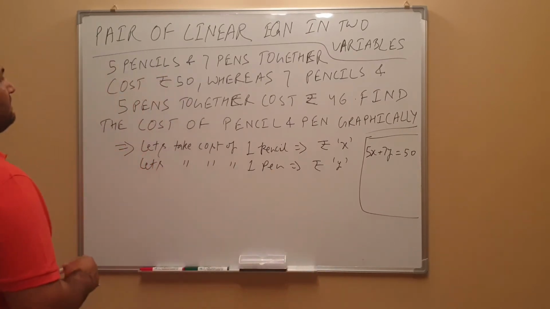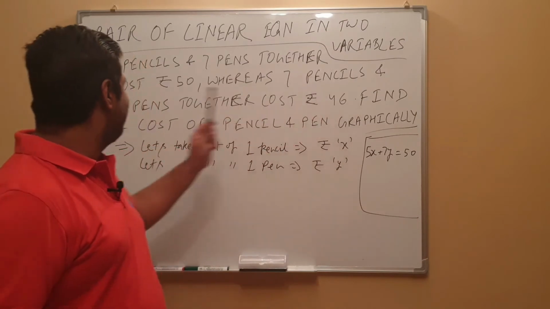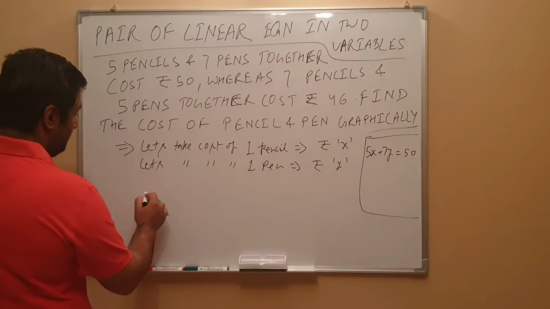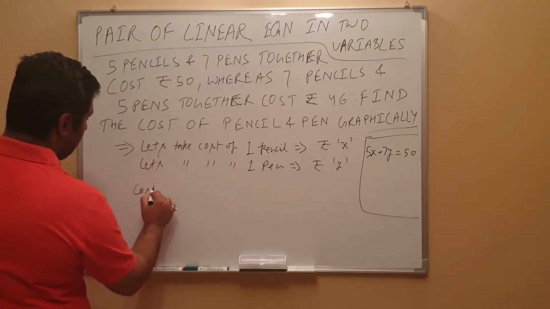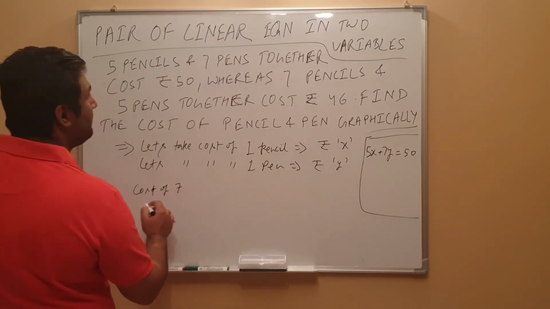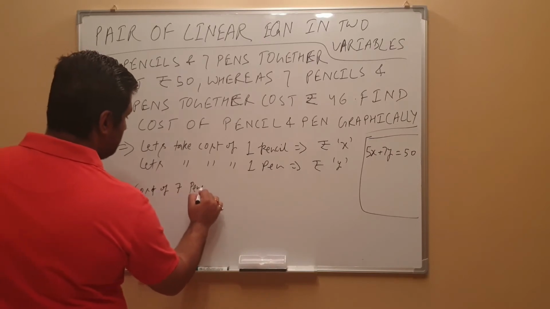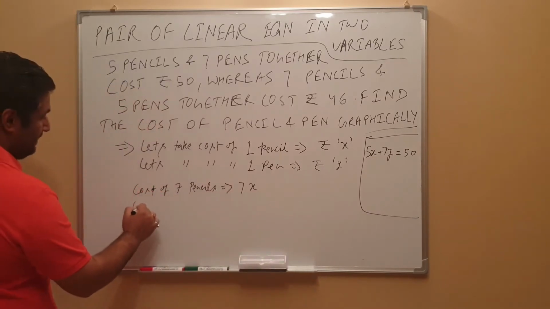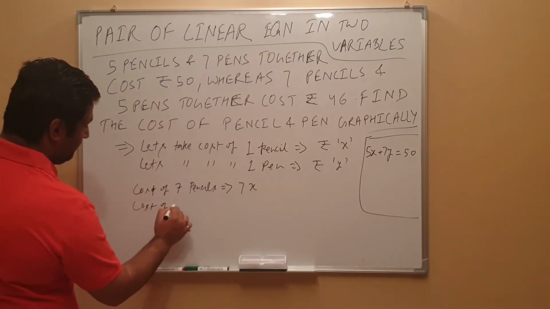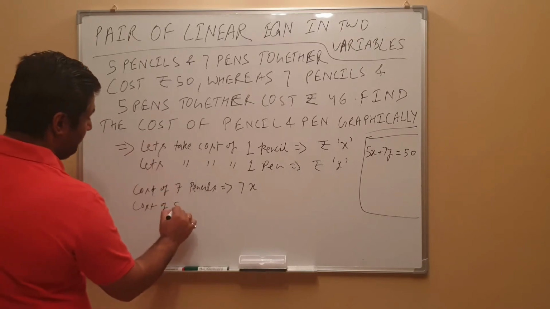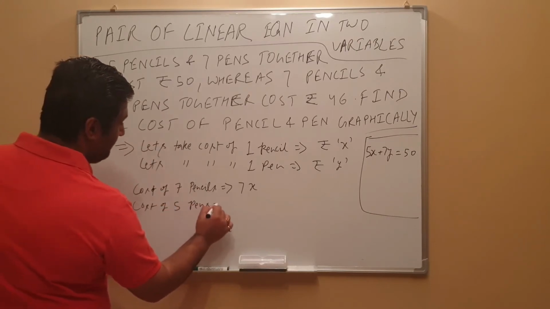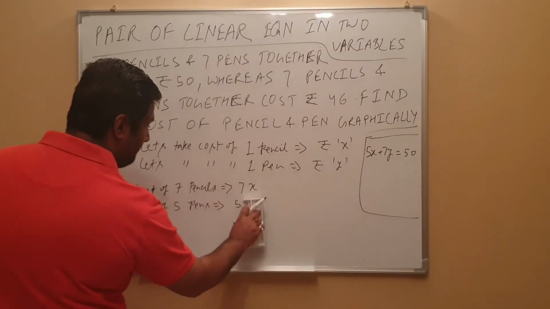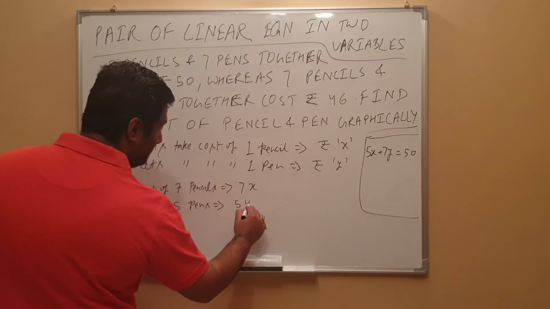Now the second statement given to you: 7 pencils and 5 pens together cost rupees 46. So the cost of 7 pencils is going to be 7 times x, and similarly the cost of 5 pens will be 5 times y.